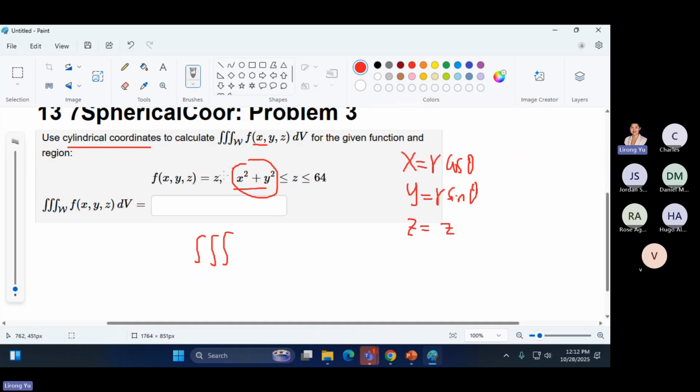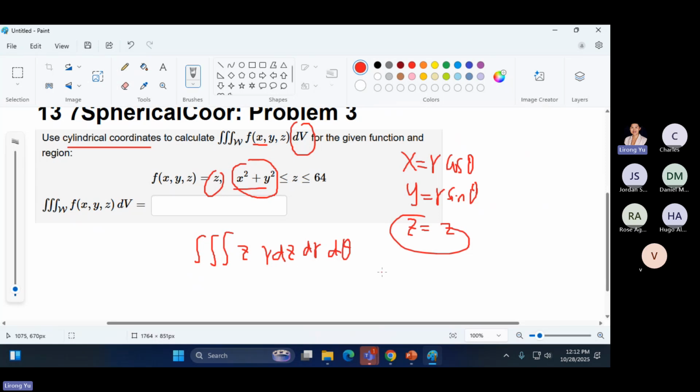The integration function is part of the variable, so we don't have to switch that variable there. Also, dV we rewrite as r dz dr d theta. So this sets up the integration part.